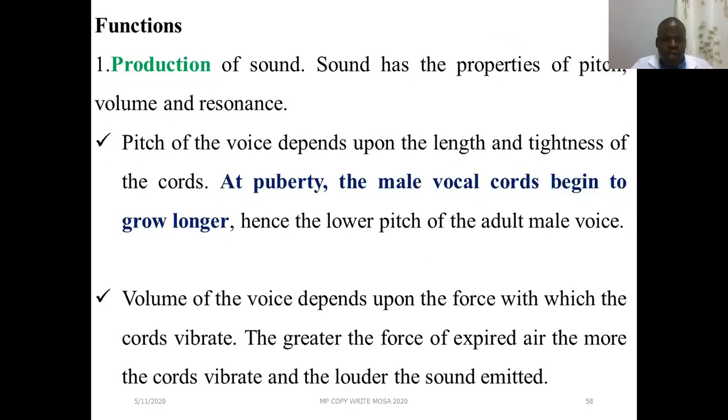Let us look at the functions of the larynx. Sound has the properties of pitch, volume, and resonance. So we're saying the larynx functions for production of sound, which is characterized by low or high pitch and volume.